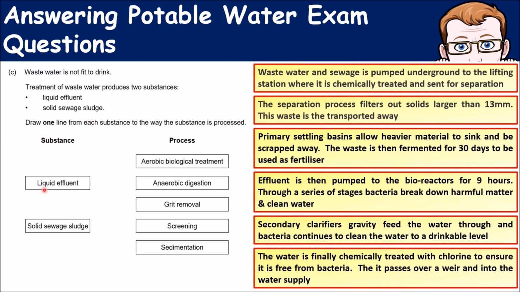Liquid effluent can't be removed by grit removal, screening or sedimentation, so we have to use biological treatment to break it down. Solid sewage sludge is generally too big to go through the screening, so that's going to be removed by sedimentation.